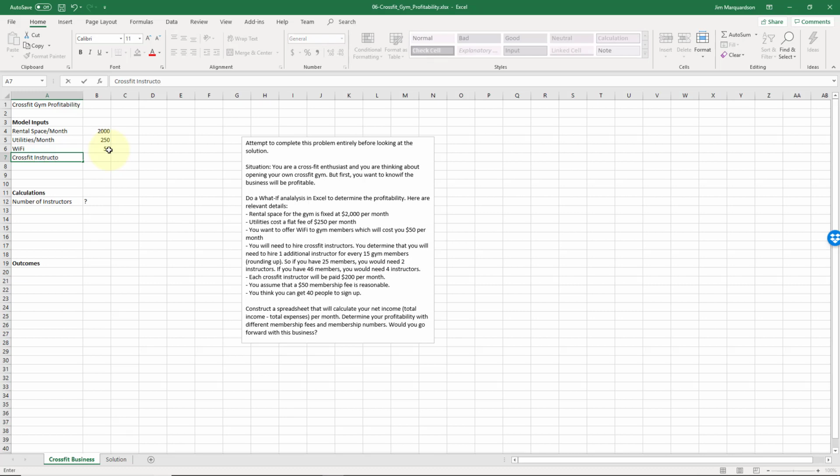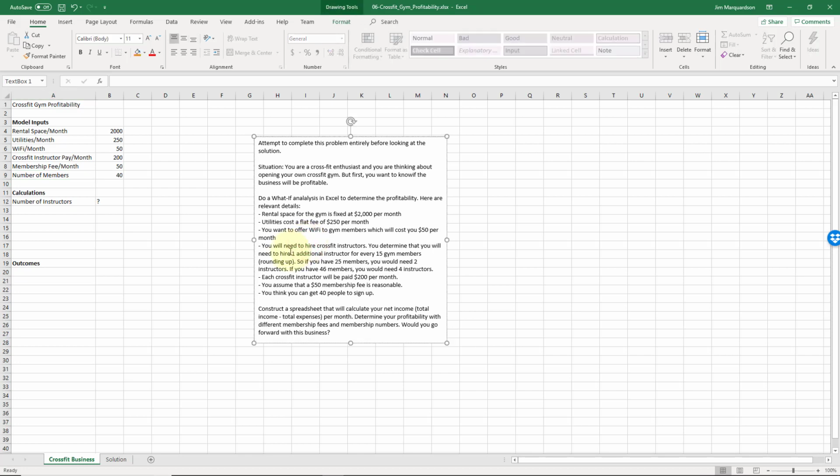CrossFit instructor pay per month, it's $200. Membership fee. Hopefully we can get people to pay $50. Number of members. We think we can get 40 people. So that'll be $50 a month for membership.